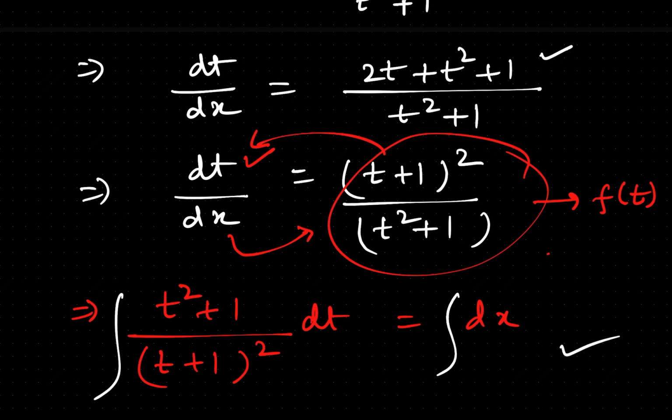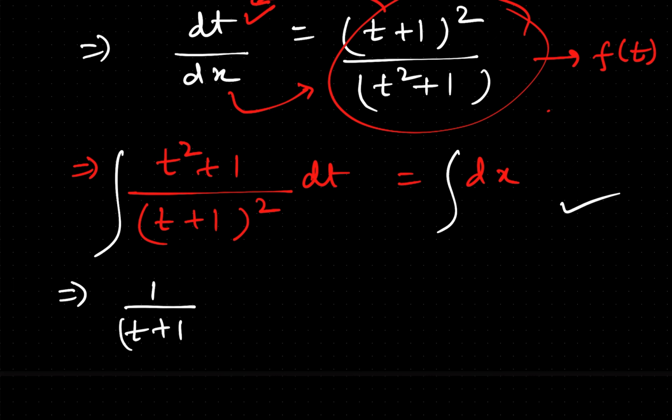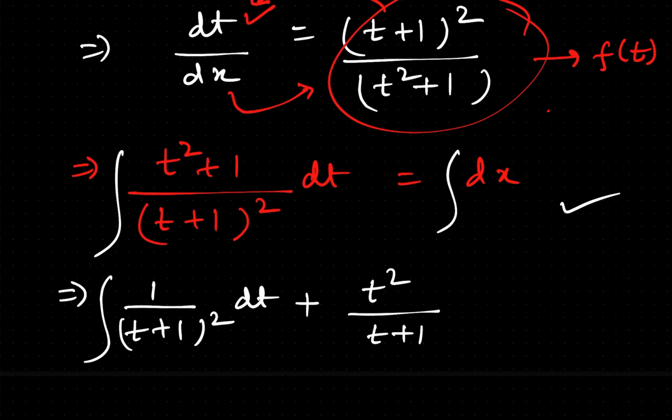So now you can easily solve this, and we have seen that here also we used our variable separable method. Integrating it is very easy, but if you want to control it, let's do it anyhow. So what we will do is we will separate this. So the integral of 1 plus t plus 1 whole square dt plus t square over t plus 1 whole square dt.